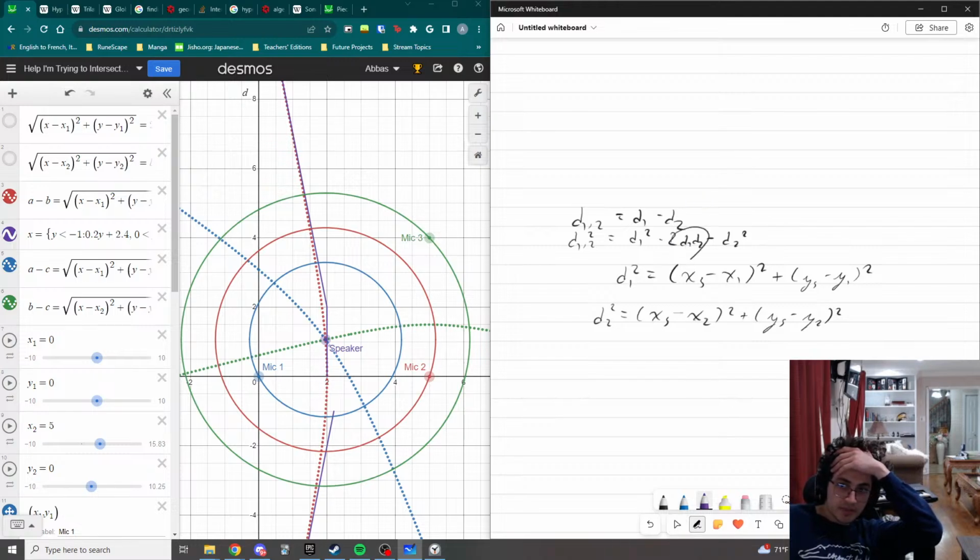alright, so because of this, I'm always stuck with the square root. Maybe I have to do something like multiply this by d1 plus d2. Let's try that.